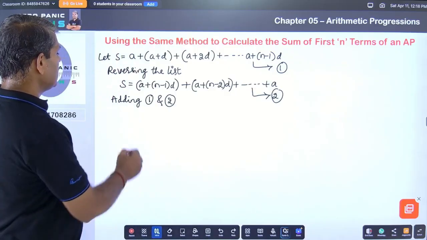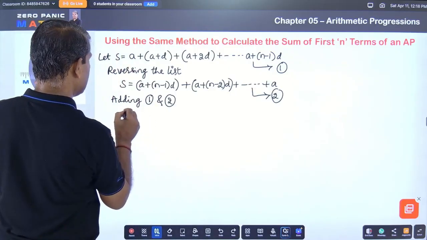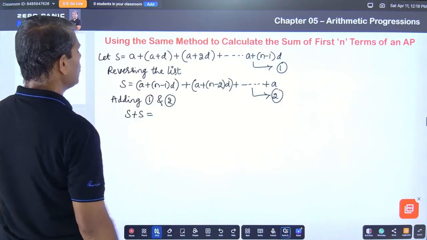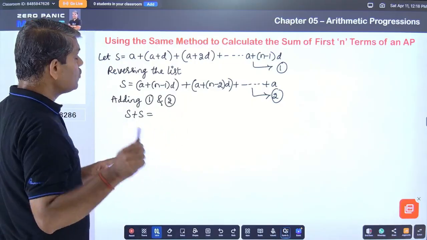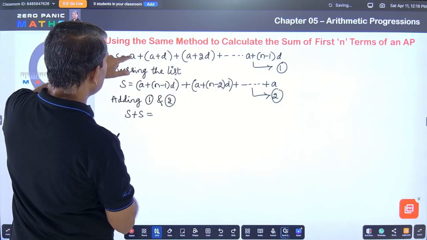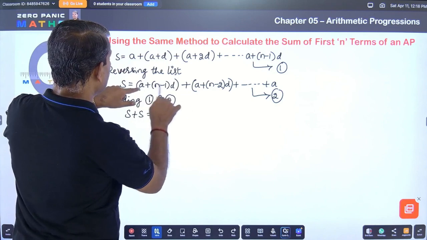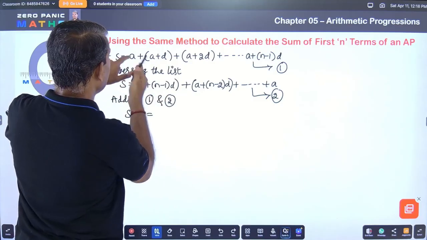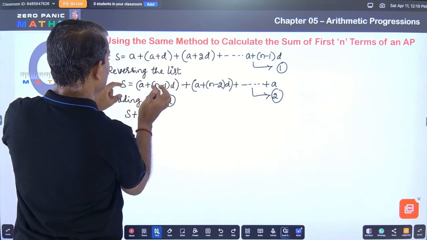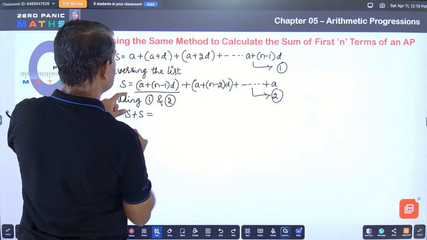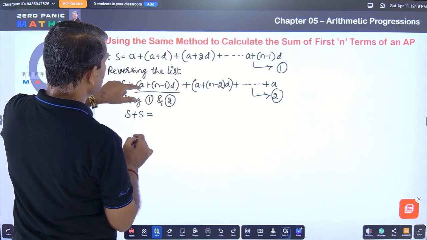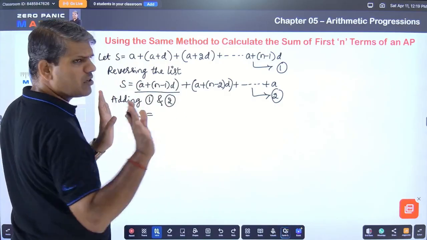So adding 1 and 2, what we will get is S plus S is equal to, listen to me carefully here. There is one a here and there is already a plus n minus 1 into d. It will be adding a to this term. So that will add another a to the first term and the remaining terms remain the same.